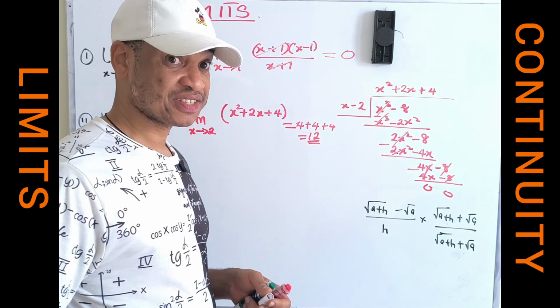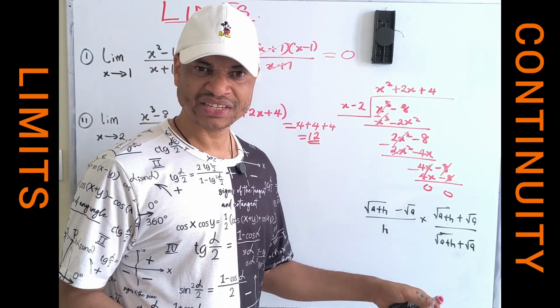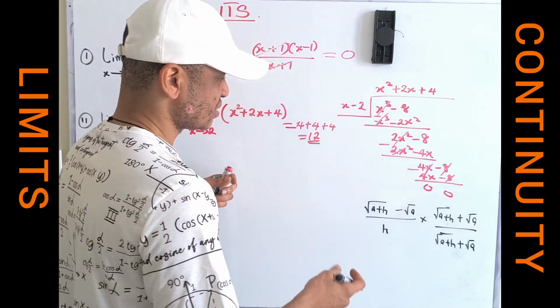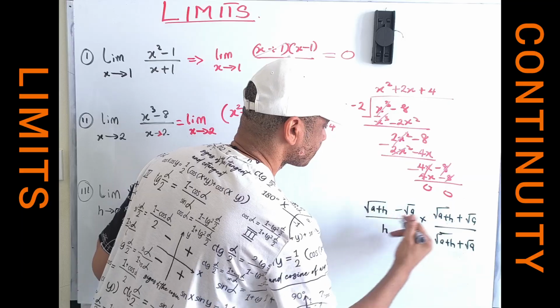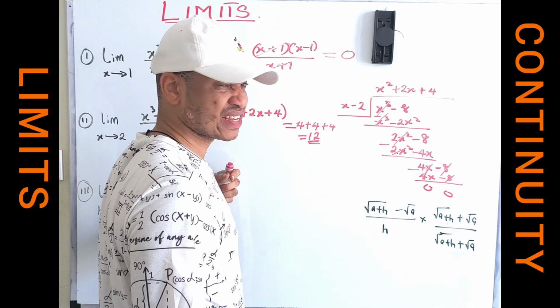I'm just rationalizing because I've not done anything, I just multiplied by 1. This is 1, right? So you should know this will be a difference of squares.